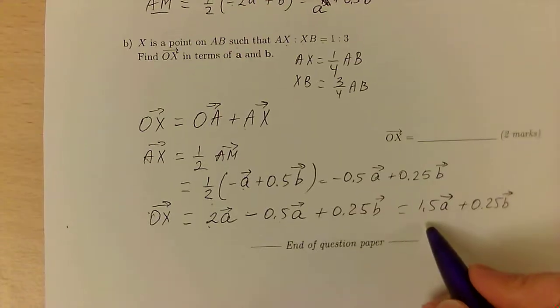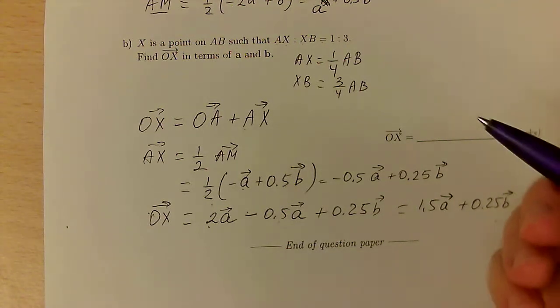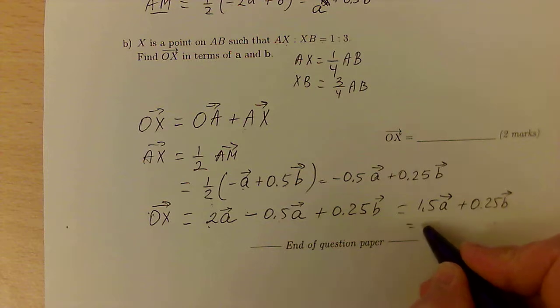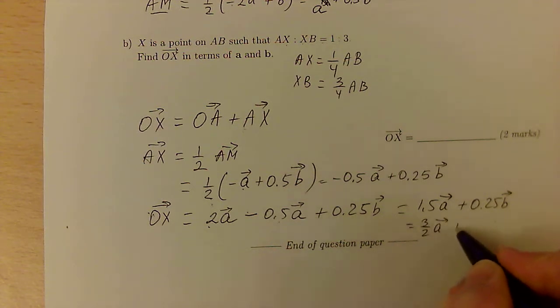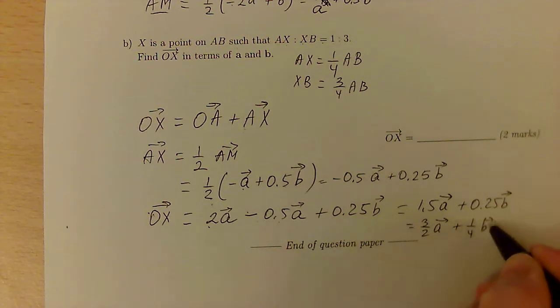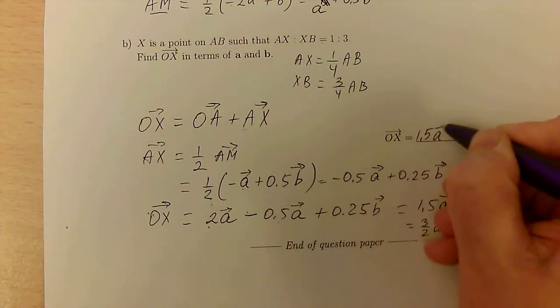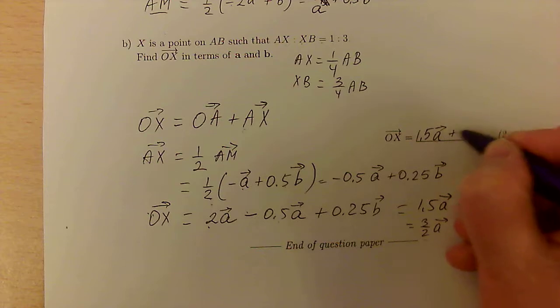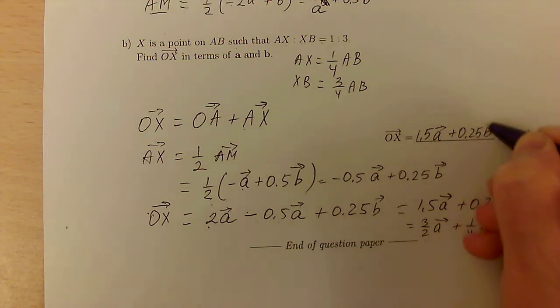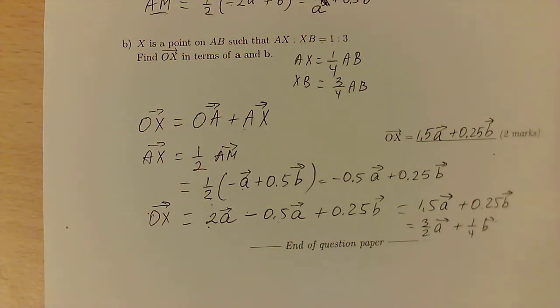You can write it as a decimal in your answer, or as a fraction, 3 over 2 a plus a quarter of b. I will write it as a decimal, it doesn't matter: 1.5a plus 0.25b. Job done. End of the video.